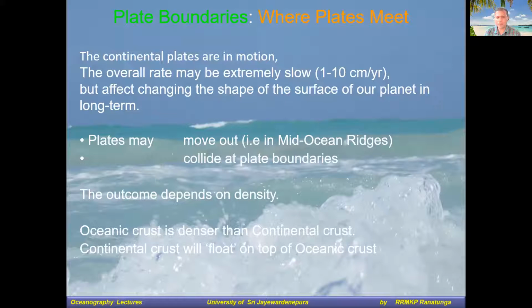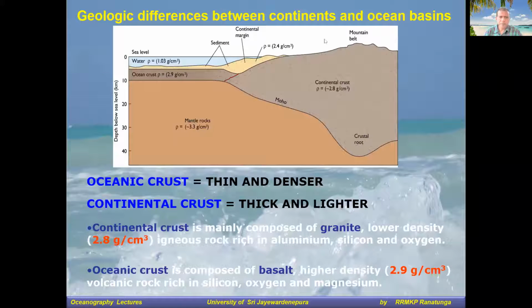Remember that we discussed earlier that the oceanic crust and the continental crust are a little different, especially because the density is different. Let me show you here. Keep in mind that this is the ocean crust, which is thinner.